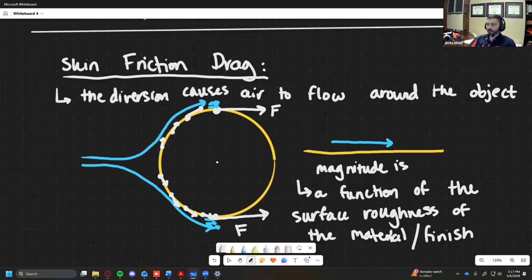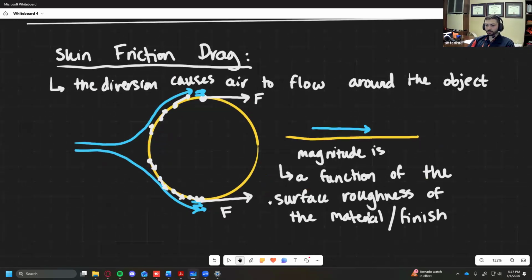So a rougher surface is going to pull more. It's going to have more friction, more drag.